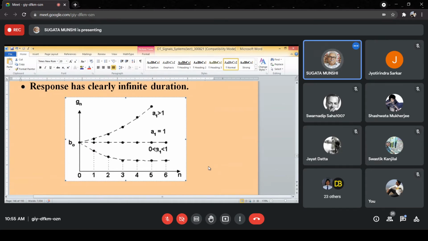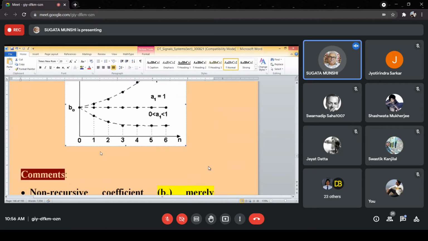When A1 is less than 1 but positive, it will be a monotonically decreasing function of n. And for A1 greater than 1, it will grow with the value of n. So these are the three cases for positive values of A1.